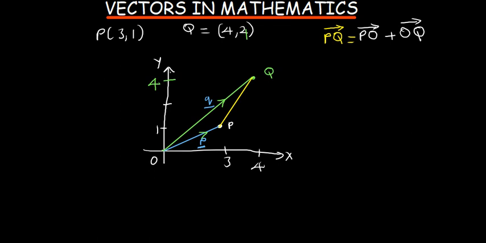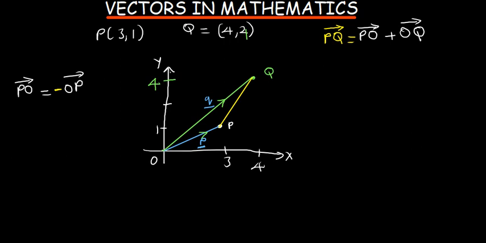No question. Okay, now the question is, what is PO? When you are talking about PO like this, it's the same as OP, but we are just going to put a negative in front. Why are we saying that?